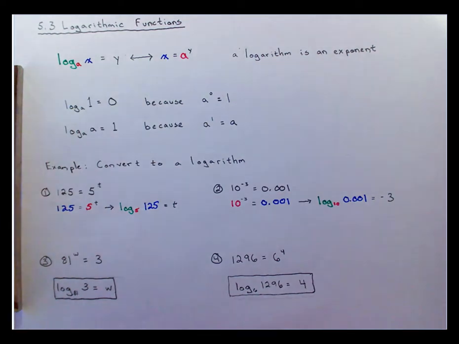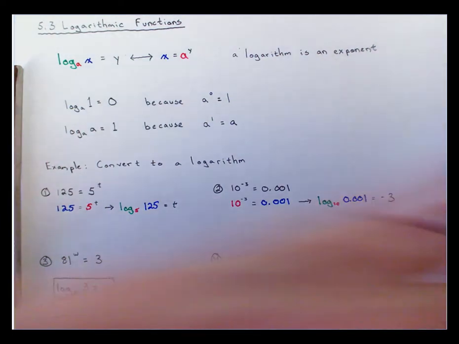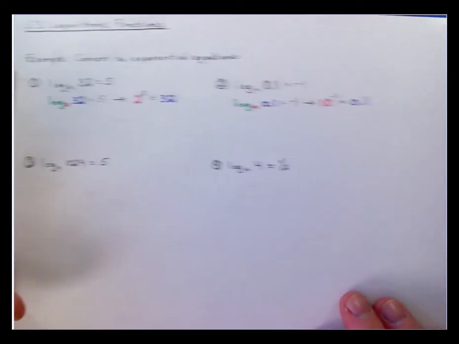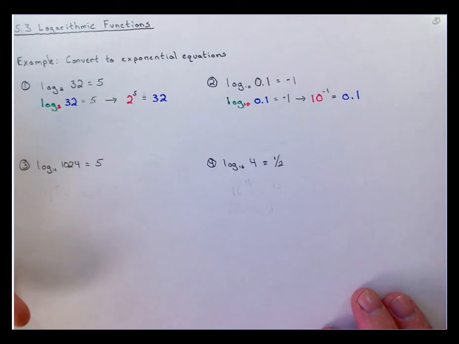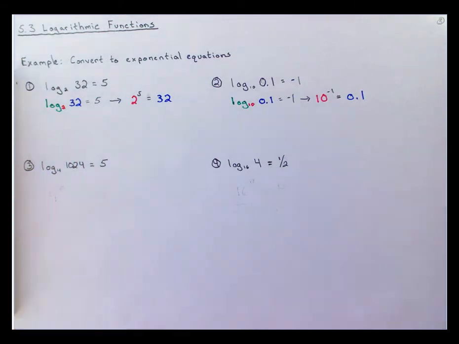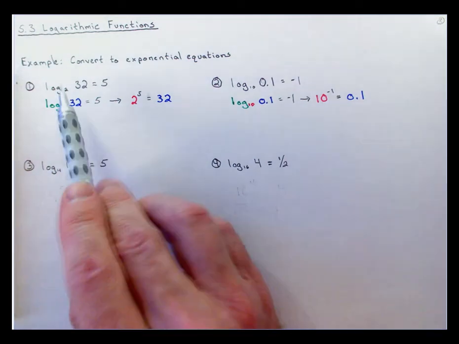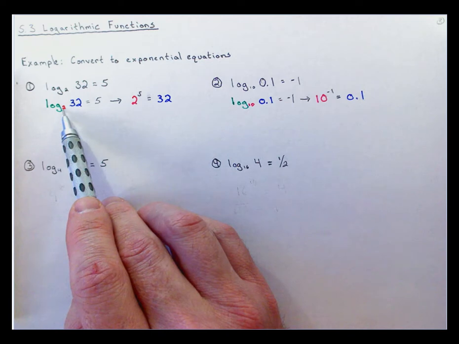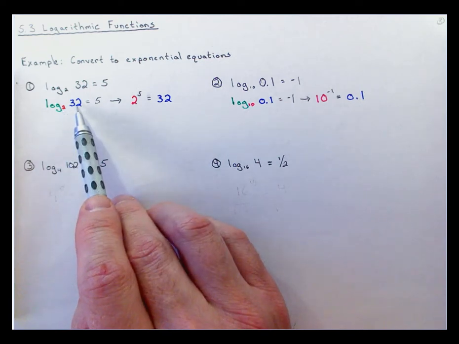Alright, let's look at one other. With this one, we're going to take our logarithmic equation and convert it to exponential. So 2 examples are done for you here. I went ahead and color coded, wrote the log in green, my base in red, and my x in blue.